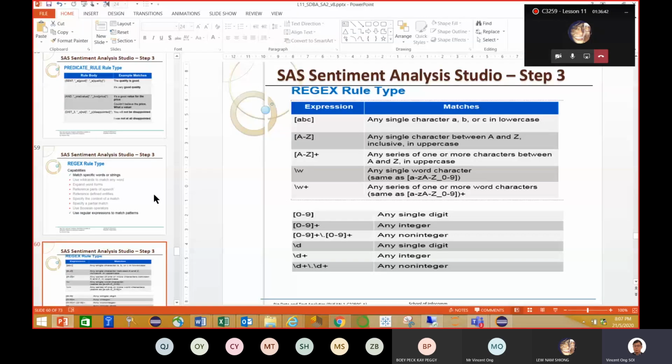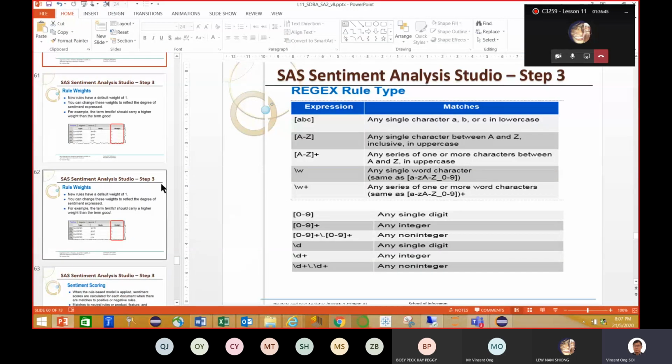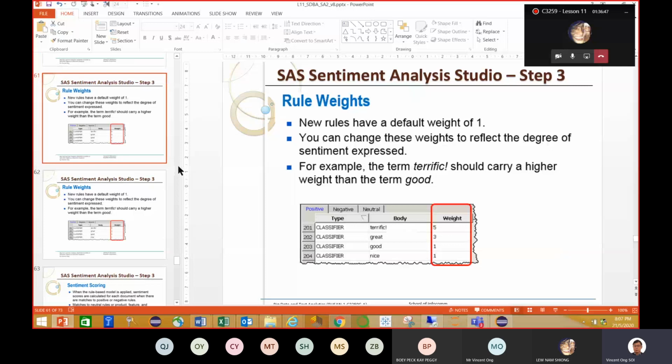Okay, let me just end by giving you a rough idea how the weights of the sentiments are calculated, right? You don't really have to know, right? But it's good to know what happens behind the result that's presented to you by the software.